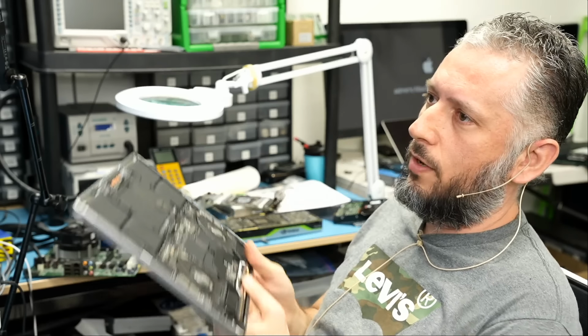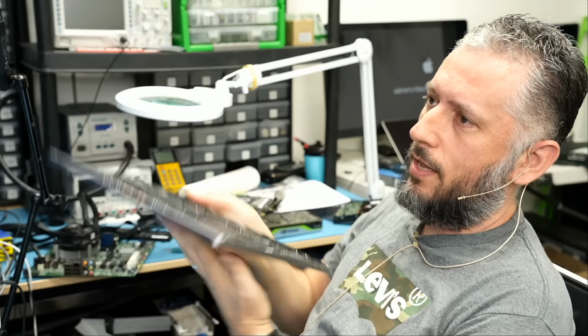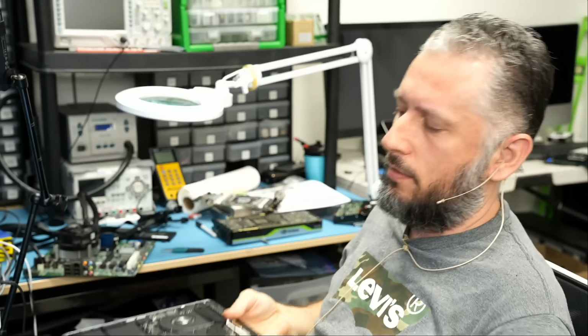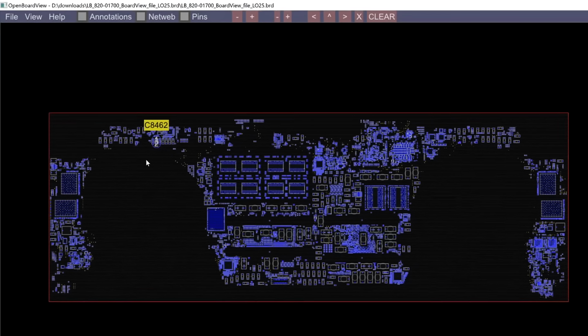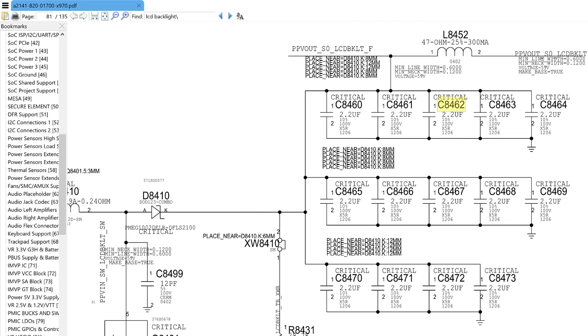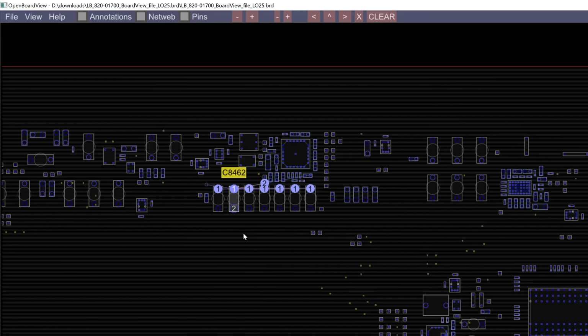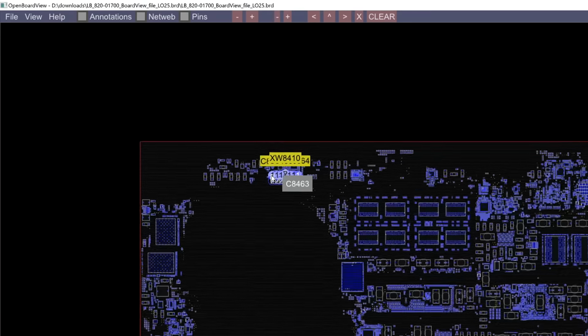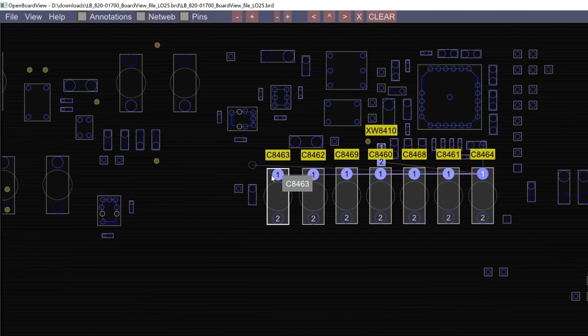The board diagram is showing up like this, and I have the laptop on my bench like this. But we can flip the image. All right, so right there, C8462, and then we have C8469, and then we have C8460, and so on and so forth. So I'm interested in this area here, and I just want to measure to see if we have a short circuit on any one of those caps.